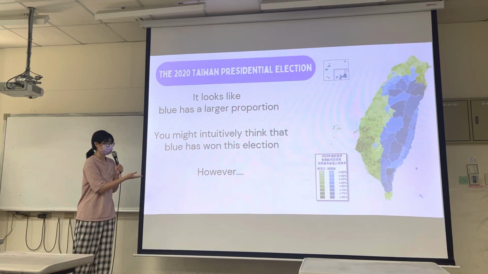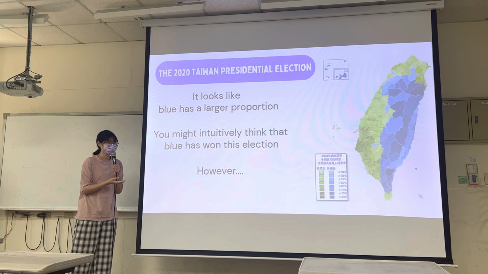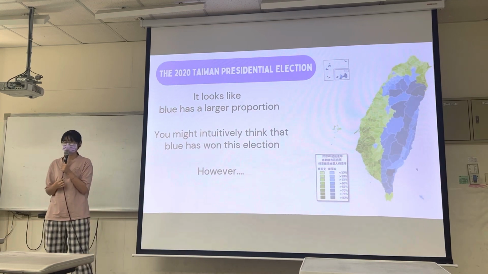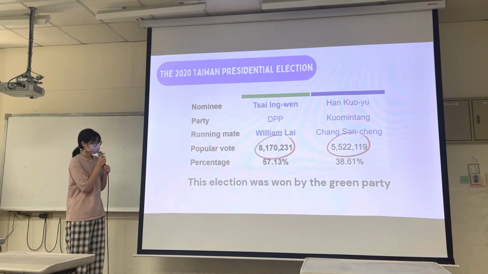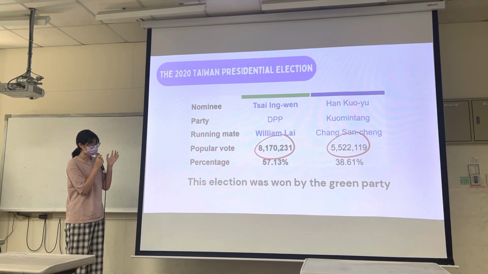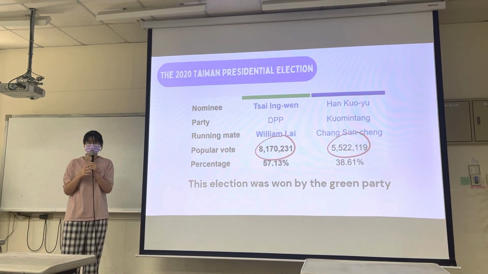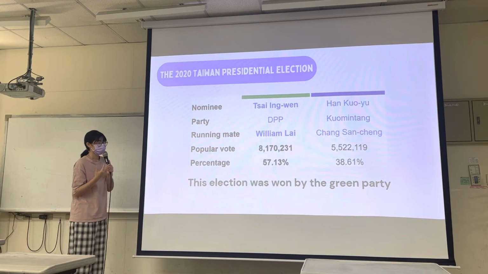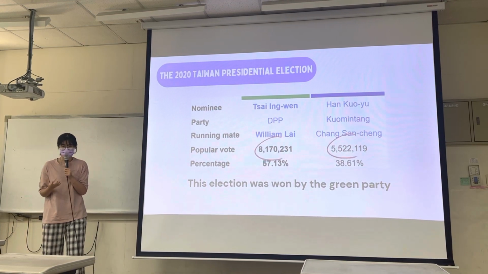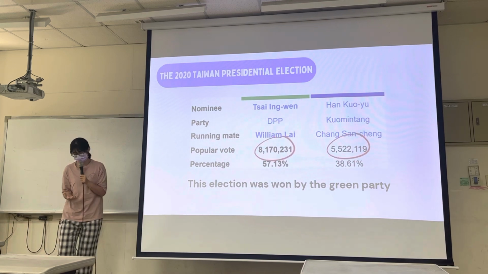So you might think that the blue has won this allocation. However, when we see the actual data again, we will find that the Green Party won this allocation, and the Green Party won nearly 20% of the vote. Why does this phenomenon occur? My partner will explain it right next.